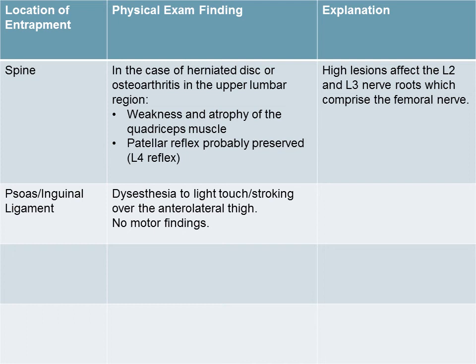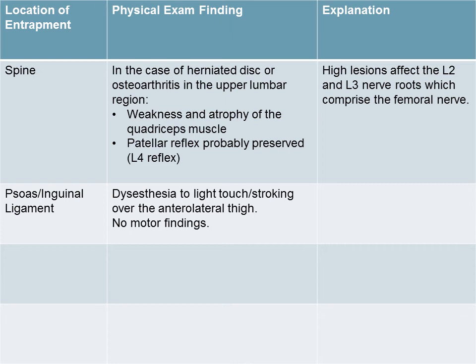Okay, so let's review this. With the lateral femoral cutaneous nerve, if this nerve is injured high up in the spine, for example in the region of the L2 and L3 nerve roots, what kind of physical exam findings might we see?